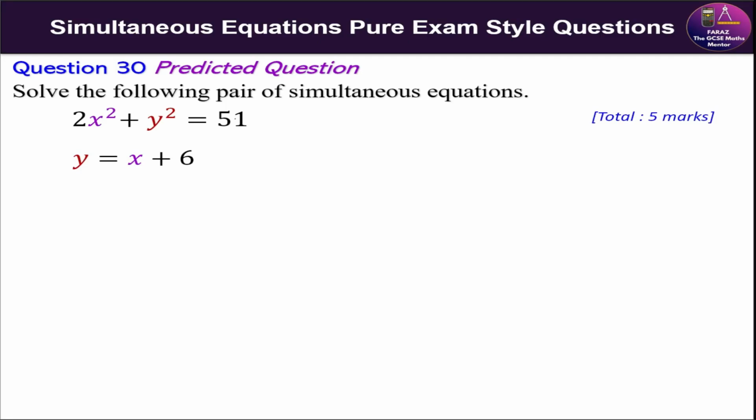Let's get into question number 30, where we have another pair of simultaneous equations, this time with squares involved. We are given 2x squared plus y squared equals 51 and y equals x plus 6. Step 1, you have to substitute the linear into the quadratic. Which one is linear? The second one is linear and the first one is a quadratic. So we substitute y equals x plus 6 in equation number 1.